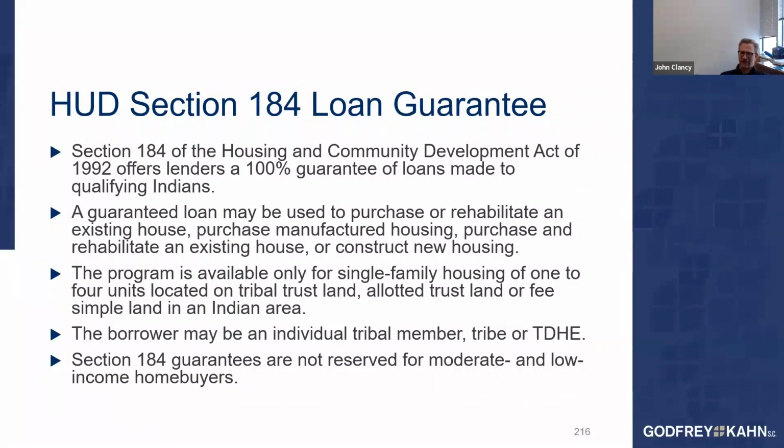You can't actually have the land be taken over by the bank without federal government approval, which is very difficult to obtain because of the policy of making sure the trust land is protected.